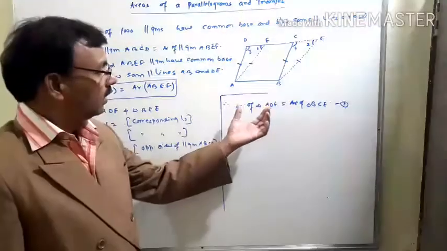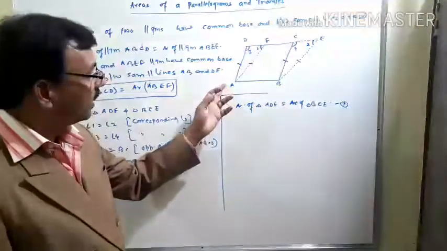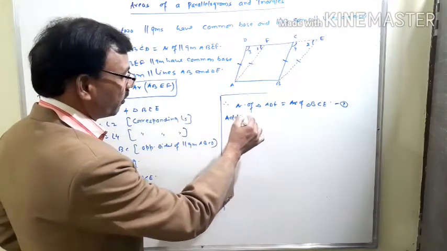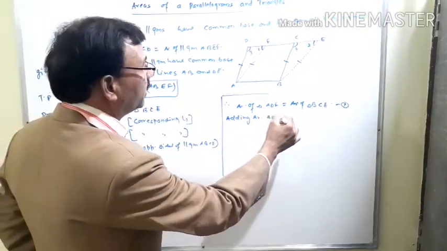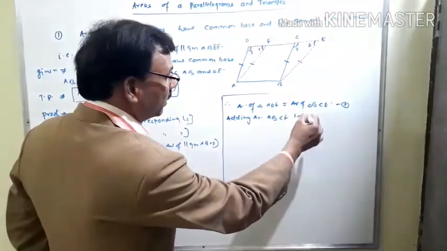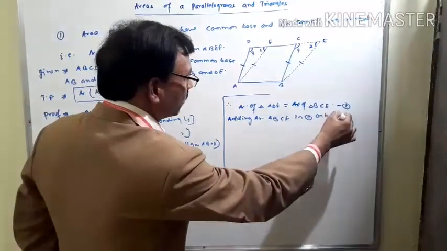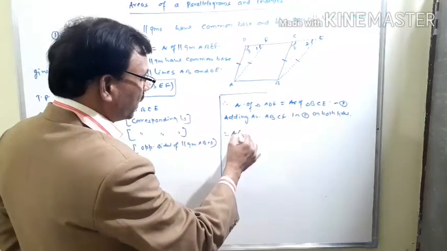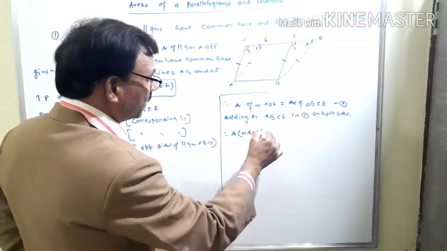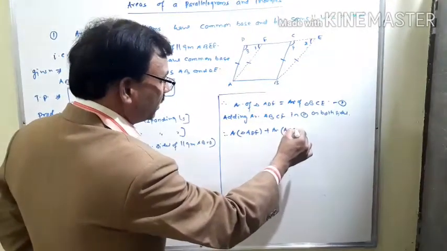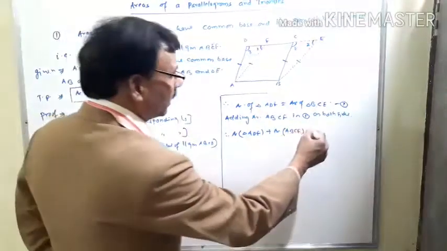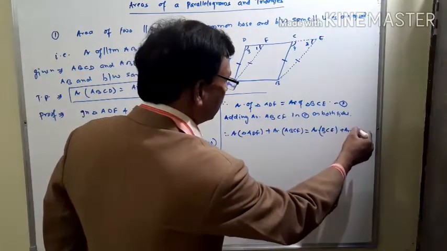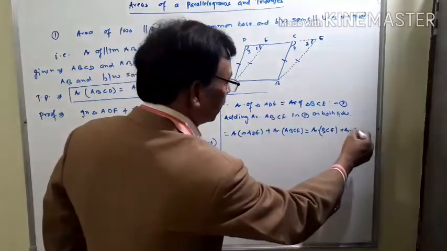Now, in equation first, adding area ABCF on both sides, area of triangle ADF plus area ABCF is equal to area of triangle BCE plus area ABCF.